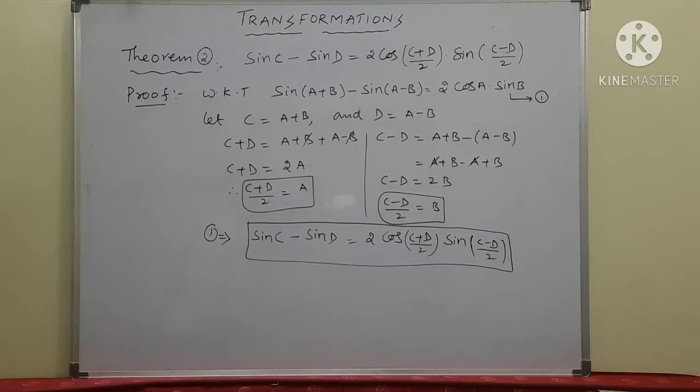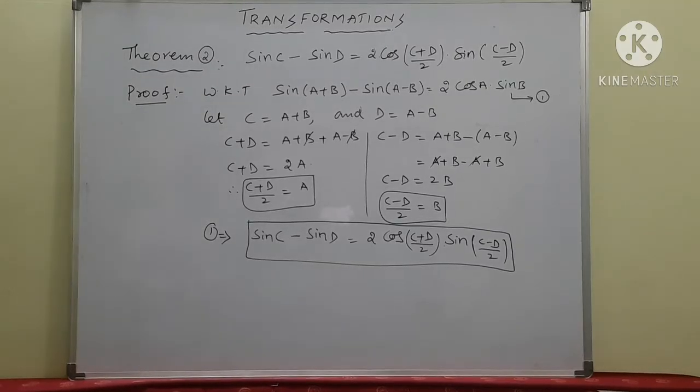So finally sin c minus sin d is equal to 2 cos c plus d by 2 into sin c minus d by 2. So these results are very important and will be helpful while solving problems.